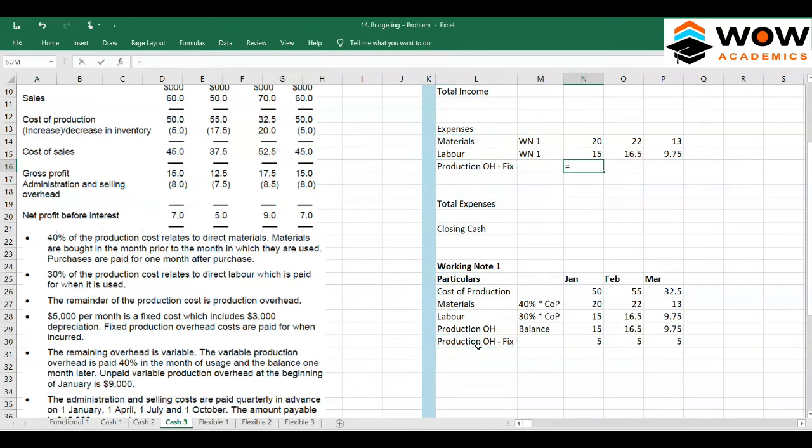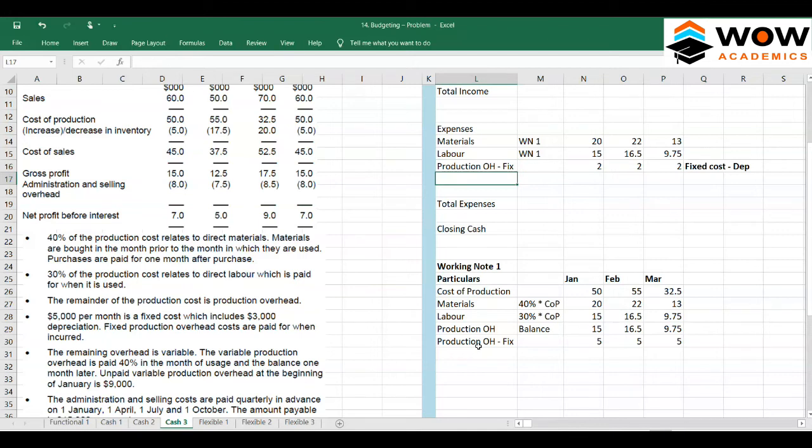So 5 is the fixed production overhead, out of which 3 is the depreciation. So we can put it as fixed cost minus depreciation. So that is the working.